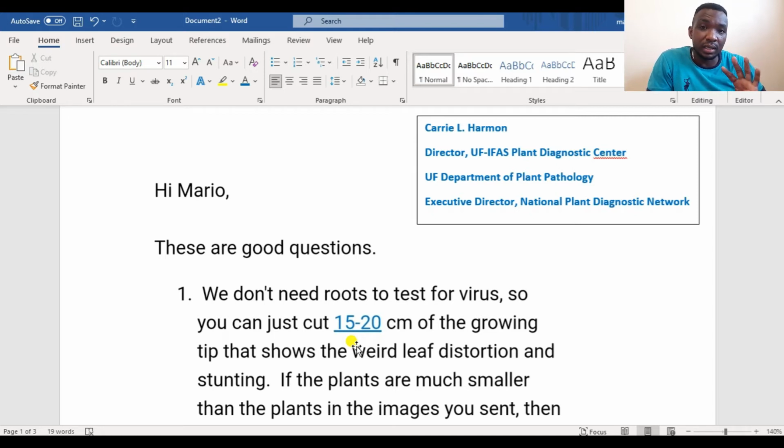I collected 4 samples and I wrapped them in the brown paper bag separately. So each sample got wrapped in a separate brown paper bag. And then after I wrapped it in a brown paper bag, I put it in a Ziploc bag. And then I put that plastic Ziploc bag in another plastic Ziploc bag.